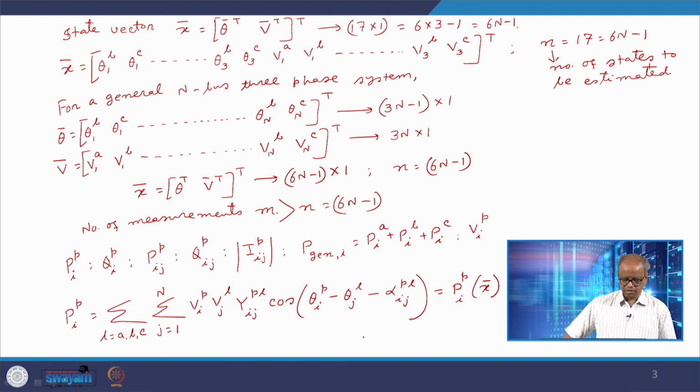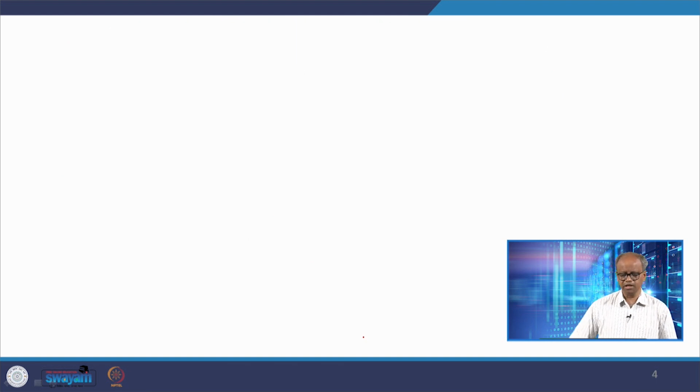Similarly, QIP, we have seen, L is equal to A, B, C, J is equal to 1 to N, VIP, VJL, YIJPL.